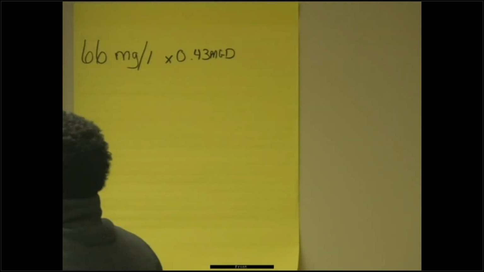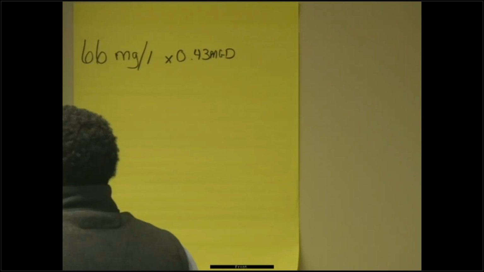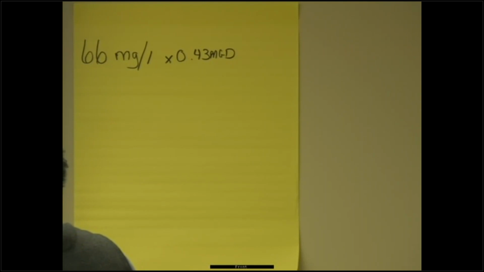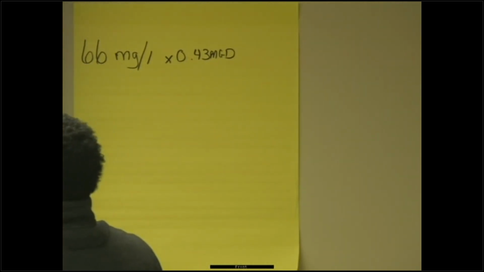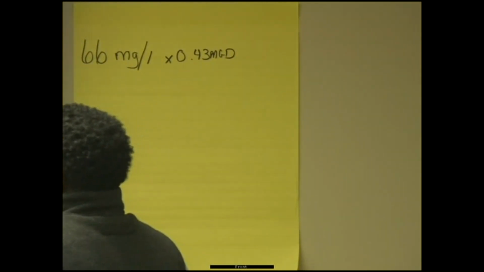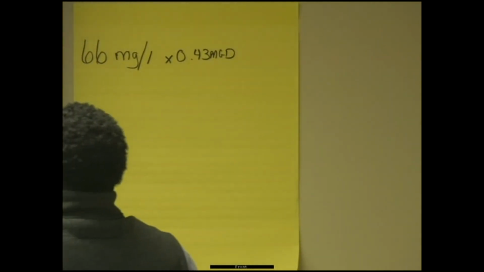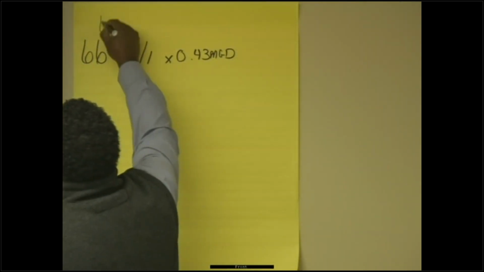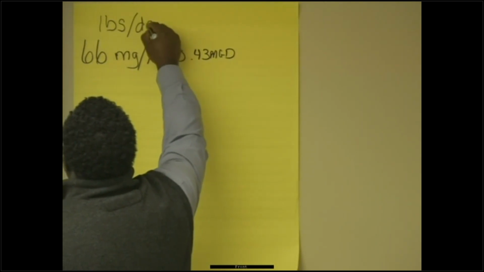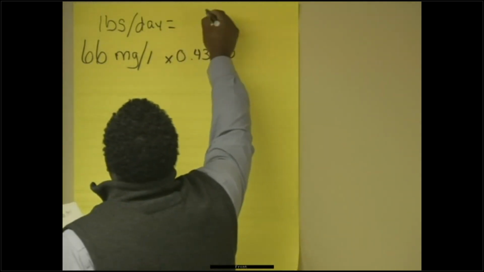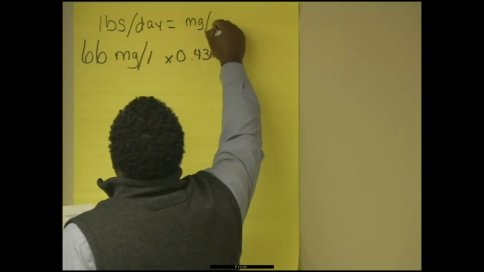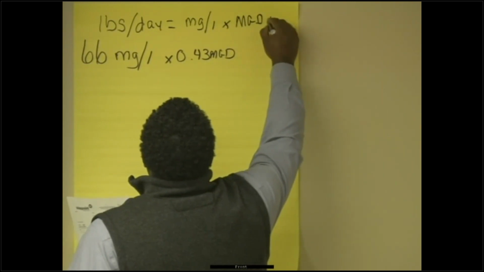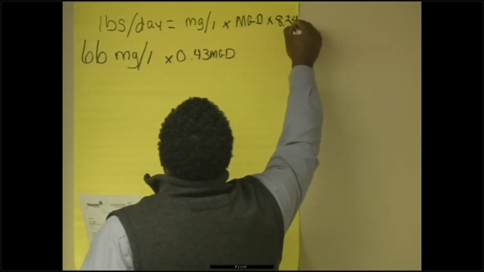If you look on your wastewater formula sheet, if you've got one, or if you remember your loading calculations from the certification exam, or if you happen not to be certified and you're preparing for certification exams, then we know that the loading formula is pounds per day equals milligram per liter concentration times the flow in MGD times 8.34.